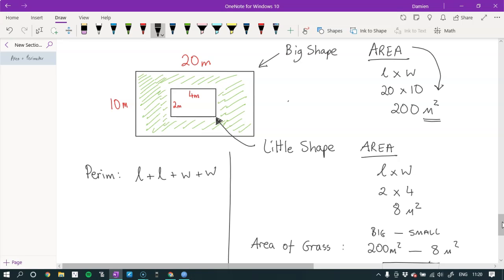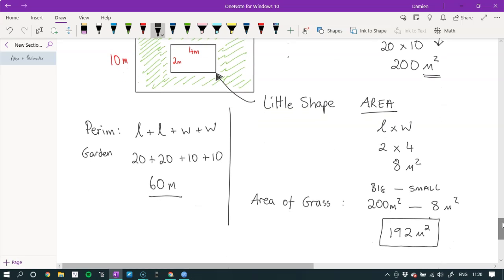You add up all the sides. So we've got 20 plus 20 plus 10 plus 10. So that's going to give us a total of 60. And because it's in meters, it's 60 meters. No squares because this is length, it's in meters. So that's the perimeter of the garden area on the outside.